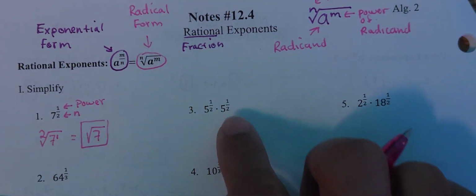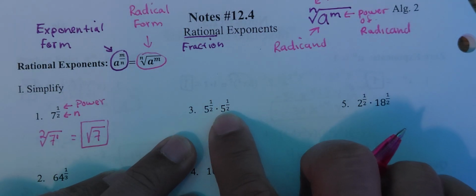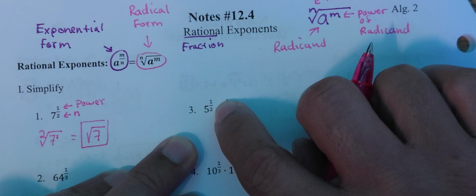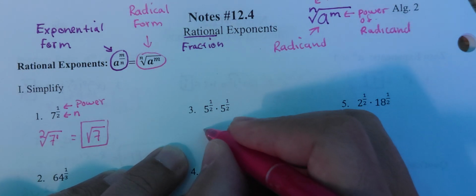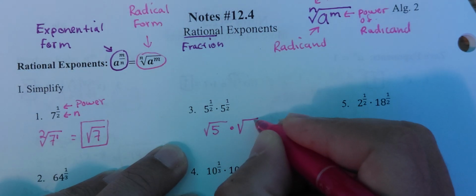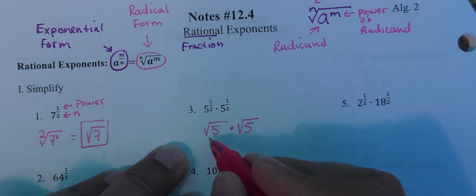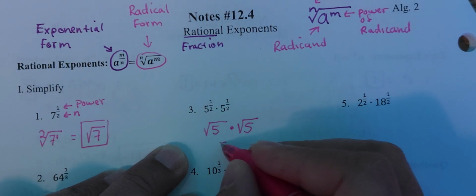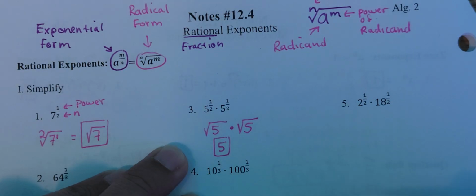We'll do the same thing with the next example. Since this is 1 over 2, we know that this is the square root. So I'm going to transform this to say that we're multiplying the square root of 5 times the square root of 5. But again, we know that 5 times 5 is 25, and the square root of 25 is 5. So the answer to this one is 5.